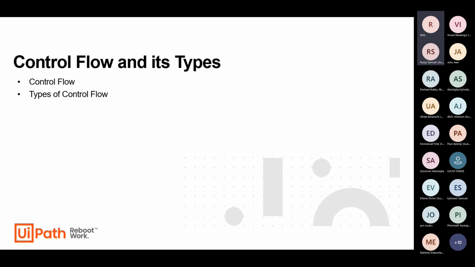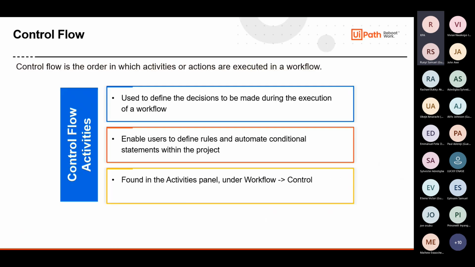All right, so now control flow and its types. Control flow defines the decisions we make and the decisions our robot makes at the point of execution.